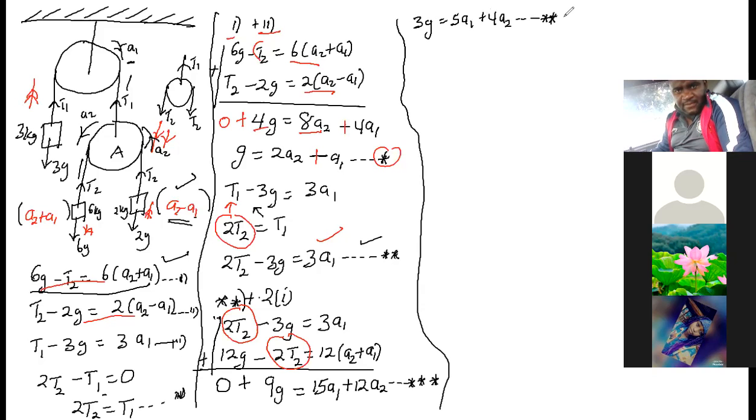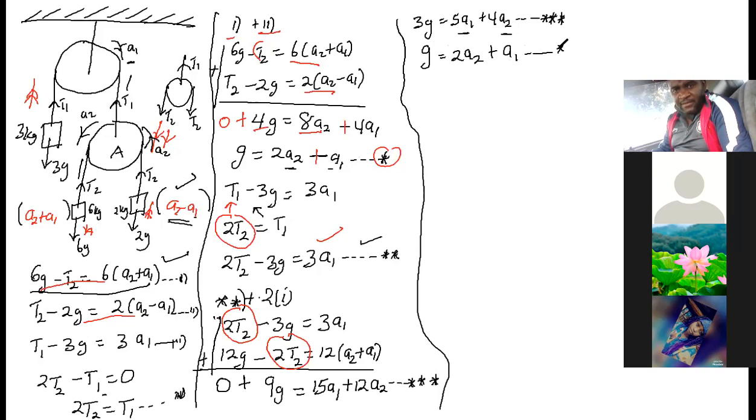This is our star. Now we are safe. Remember, G is 9.8, so it's a number. The unknowns we have are A1 and A2, which is the same as star 1. So star 1 is G is equal to 2A2 plus A1.